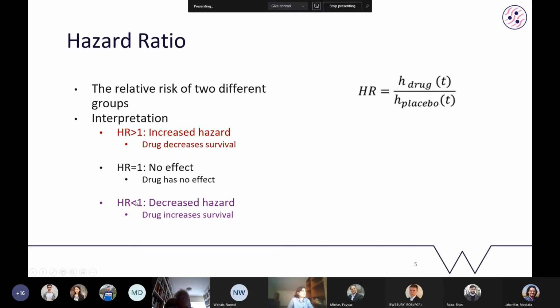And a hazard ratio of less than 1 would mean that the drug has a decreasing effect on hazard and hence has an increasing effect on the survival of an individual, and perhaps it would give us something in support of that drug, that it is increasing the survival of a particular individual.